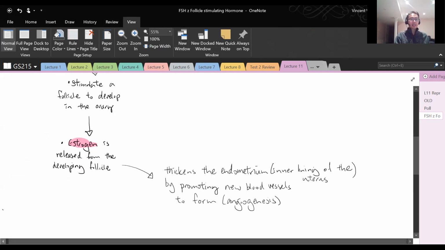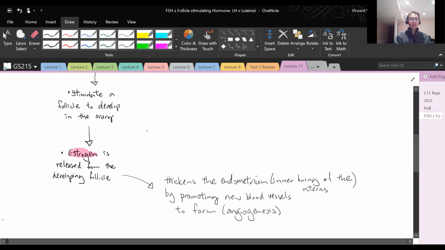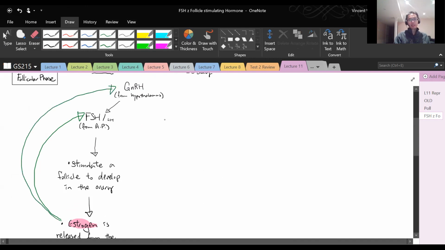Now, the second thing that the estrogen will do is that the estrogen will travel back to the brain, to the anterior pituitary gland, as well as to the hypothalamus. And they are going to engage in what we call a positive feedback.